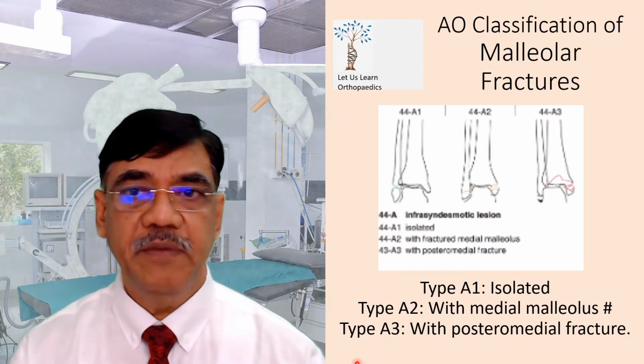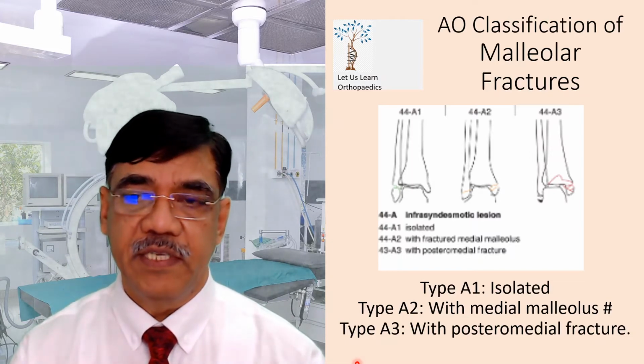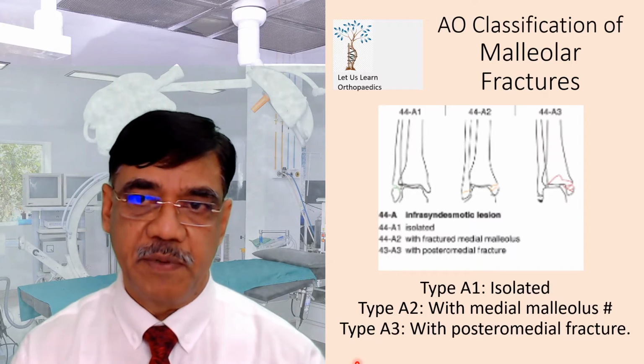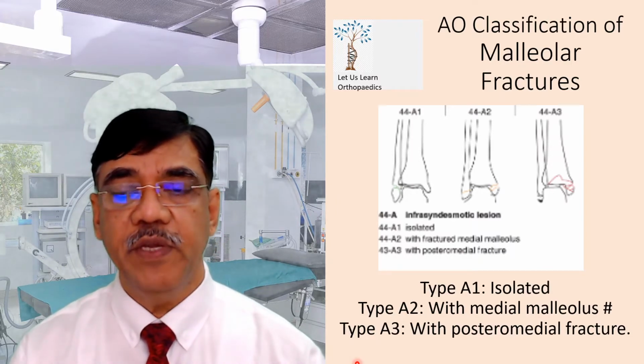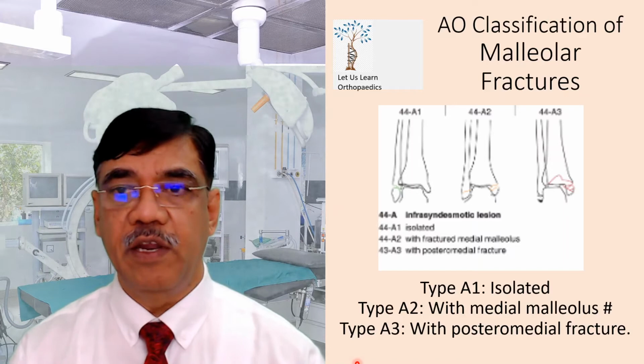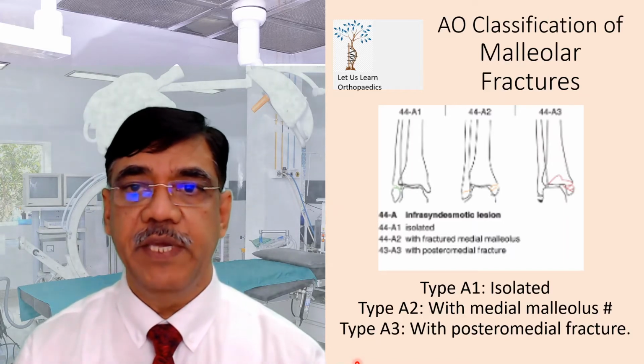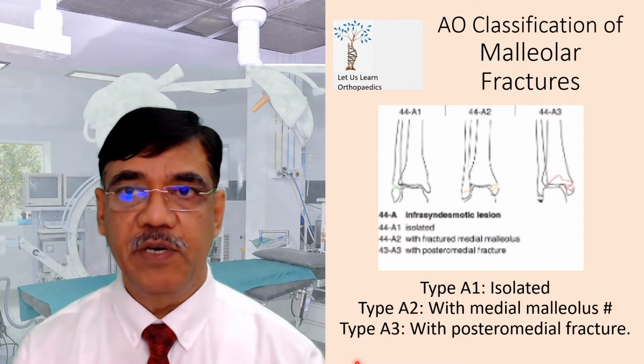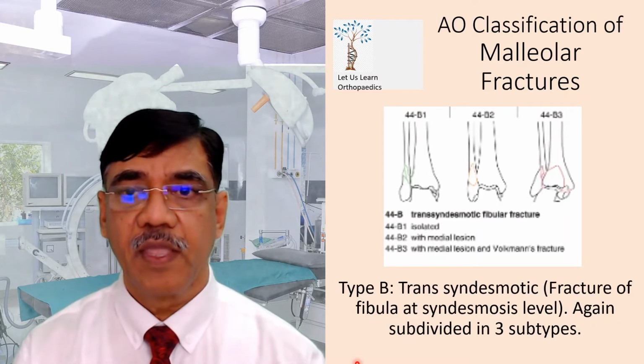What are those subtypes? Type A1, there is an isolated fracture of the lateral malleolus, infrasyndesmotic. Type A2 with the medial malleolar fractures. Type A3 with the posteromedial fractures. Very simple to remember.